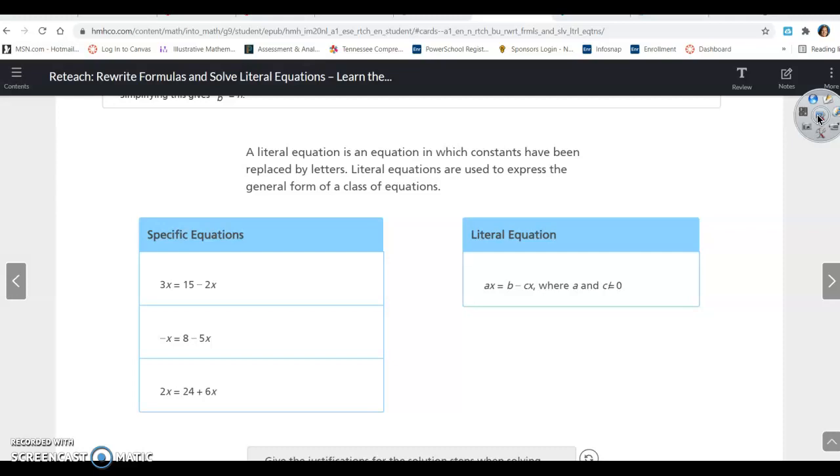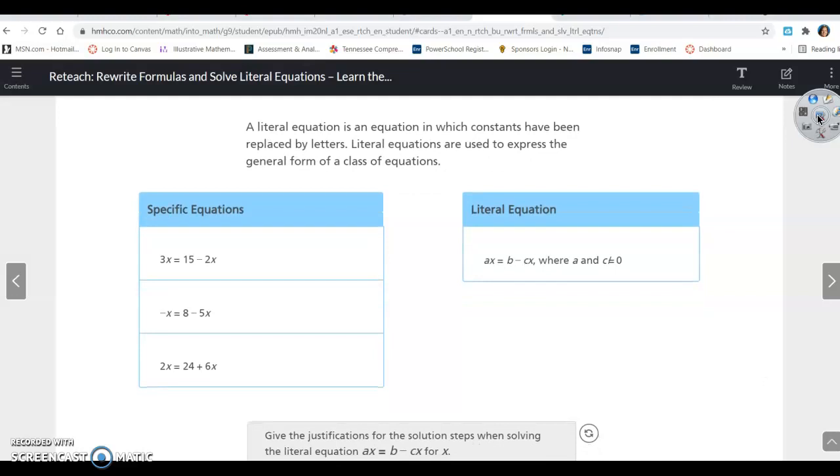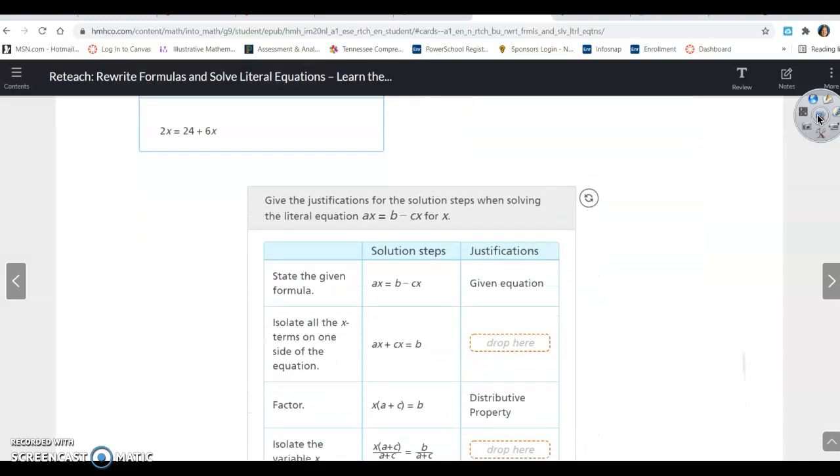It's very obvious what the variable is and what we're solving for. A literal equation has multiple variables, and you have to figure out what you're solving for. So this is just kind of a general formula for a literal equation. So just be aware of the difference between a specific equation and a literal equation. A literal equation, again, is just going to have multiple variables in it.